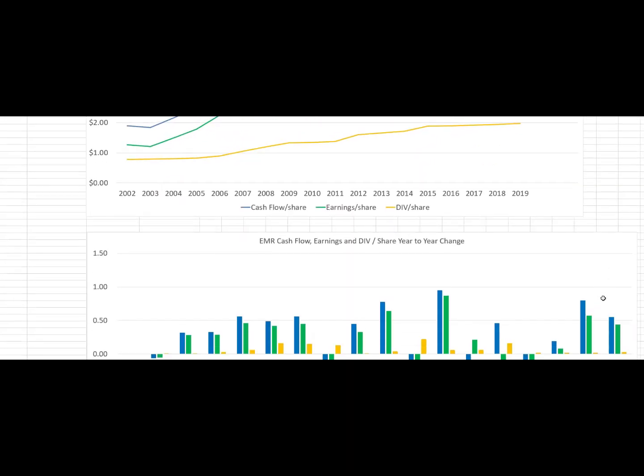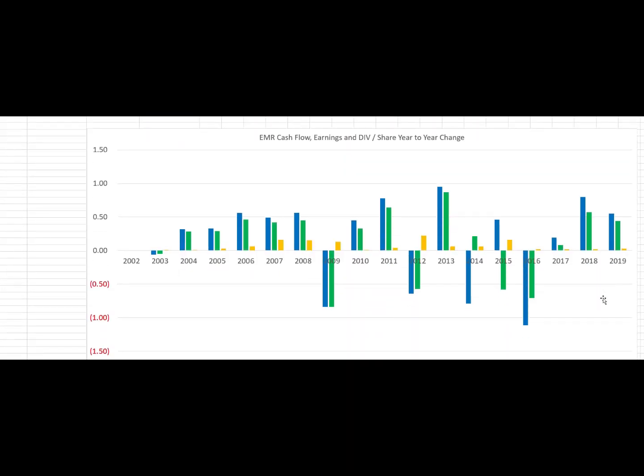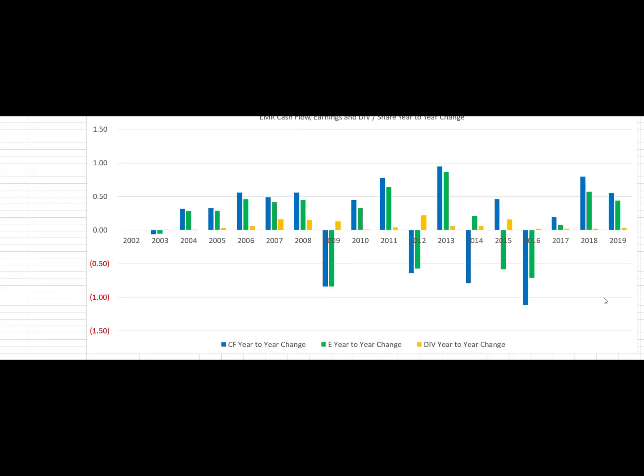This becomes even clearer when we look at the year-to-year change. And here you can see that from 2002 to 2003, cash flow per share, earnings per share were negative, but the dividends per share was positive. Well, you can almost see that little gold line there. 2003 to 2004, all three criteria were positive.